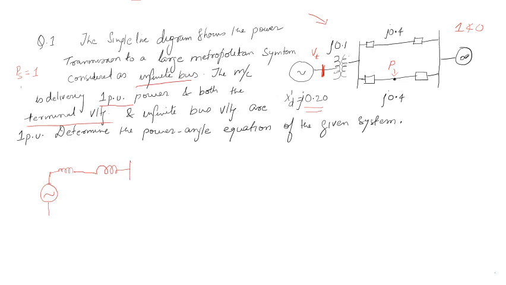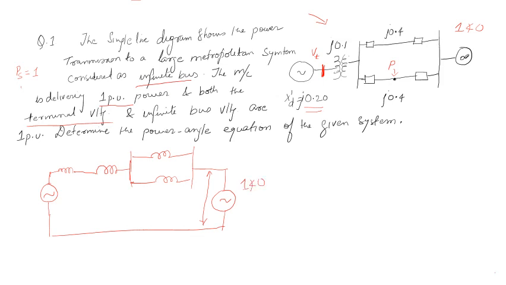Then you have a double circuit transmission line, and then there is one more, the infinite bus. So this voltage is 1 per unit, right? So from here to here is 1 at an angle 0.